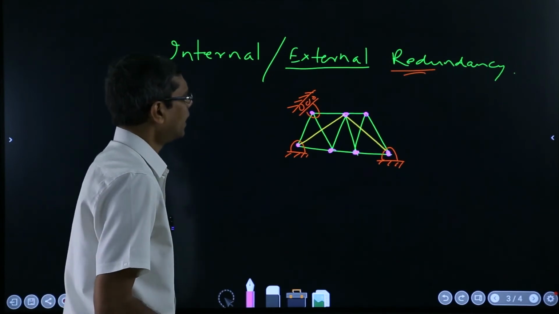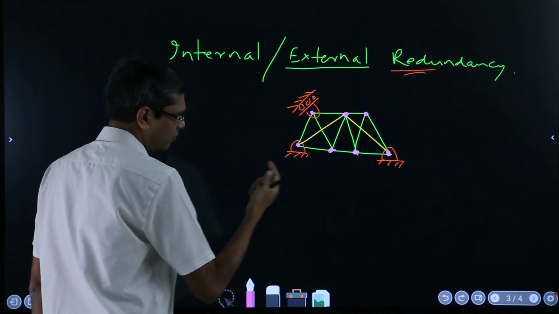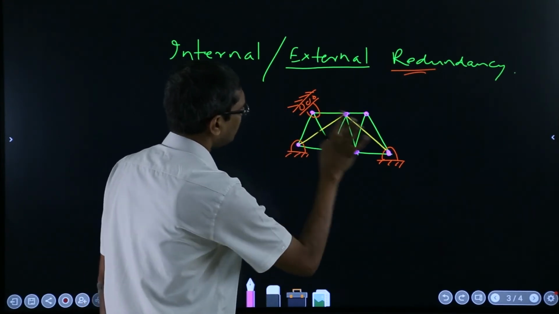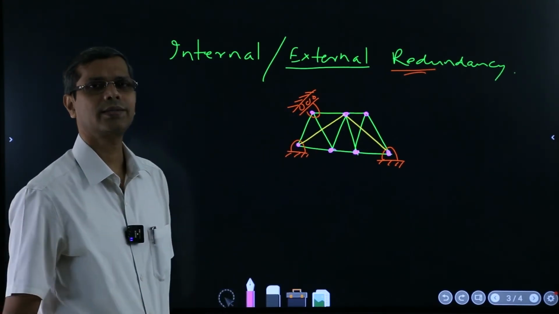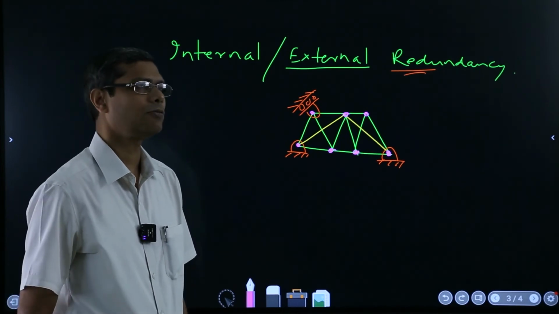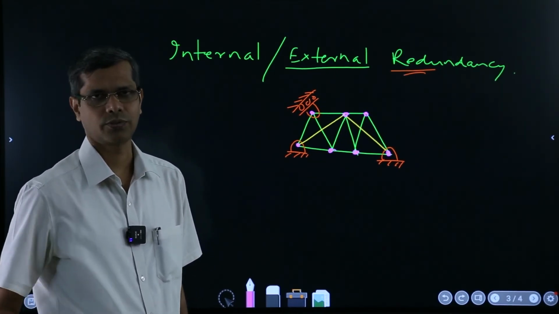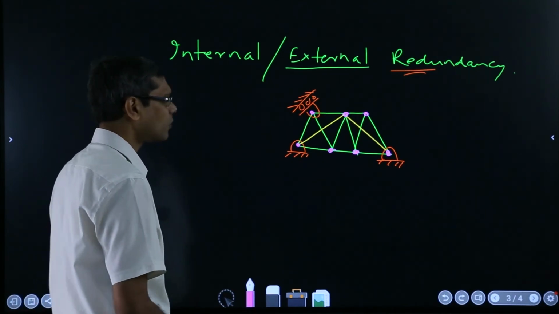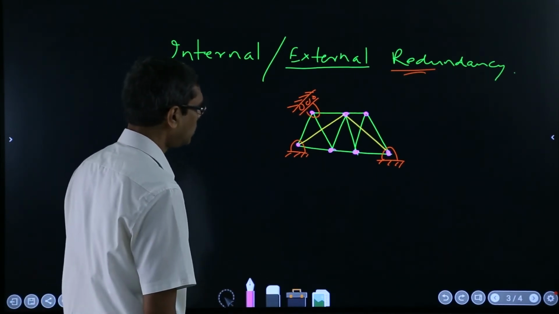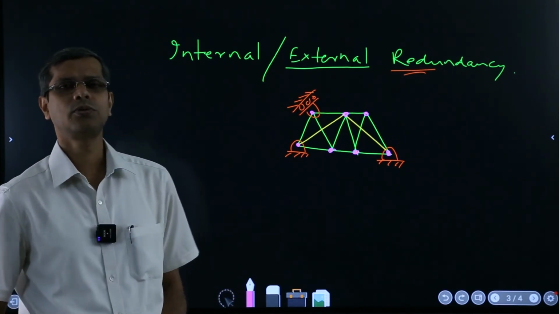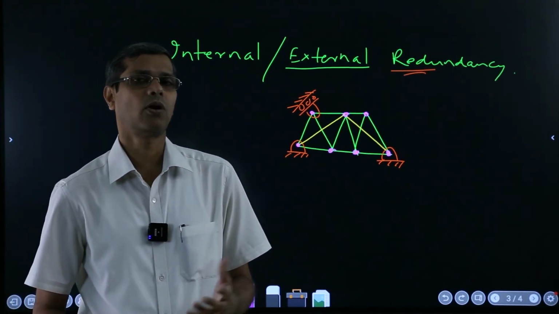Then the most important thing I wanted to talk about is, for a structure which is not externally redundant, that means you have only three reactions coming from the ground, think about how many unknowns you have in all.